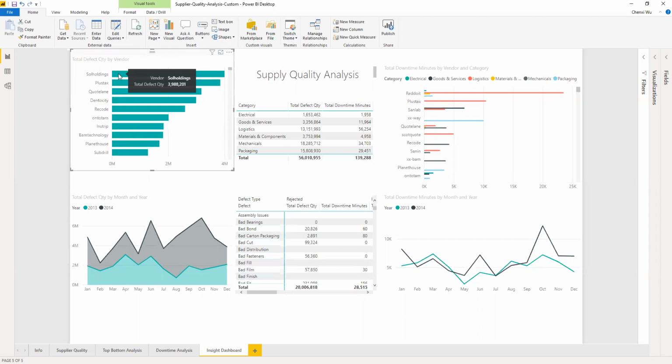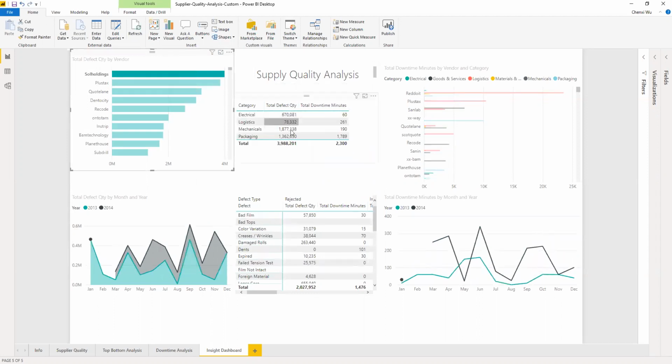And now when I click on So Holdings, the different graphs change because all of those components are tied through relational programming through SQL.